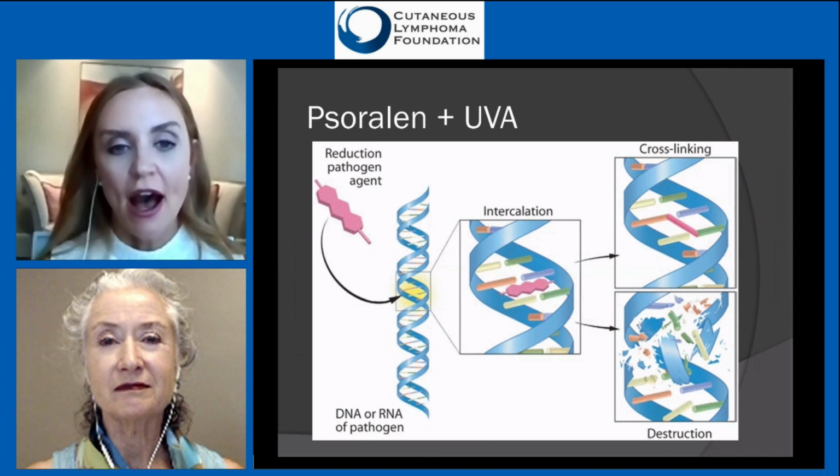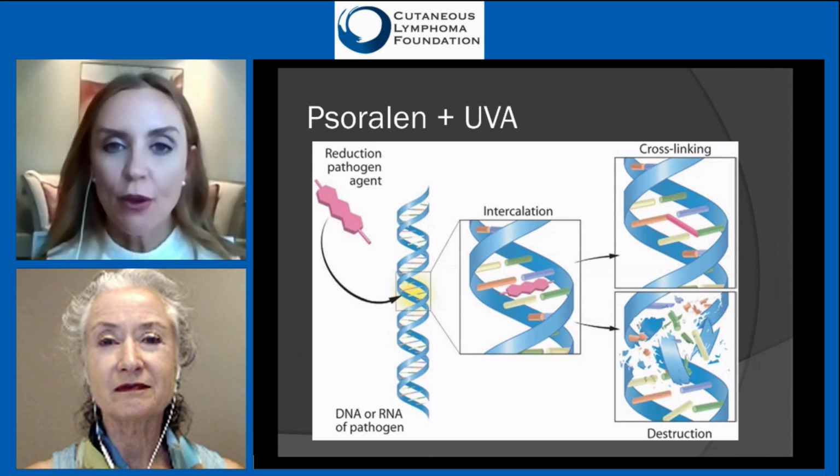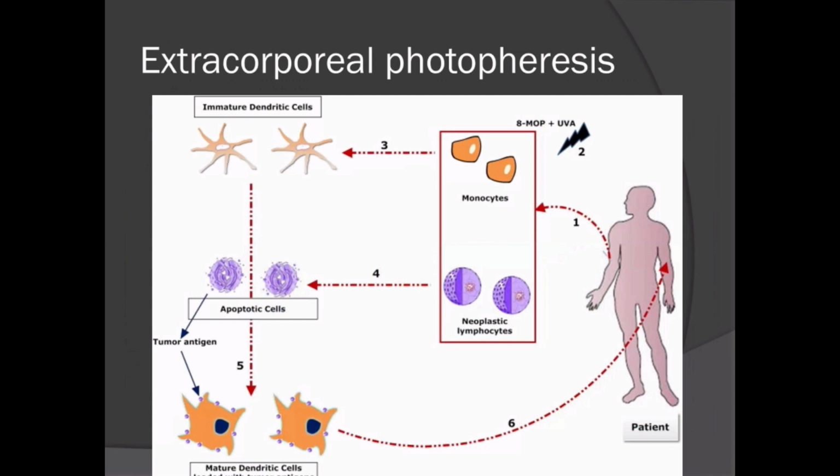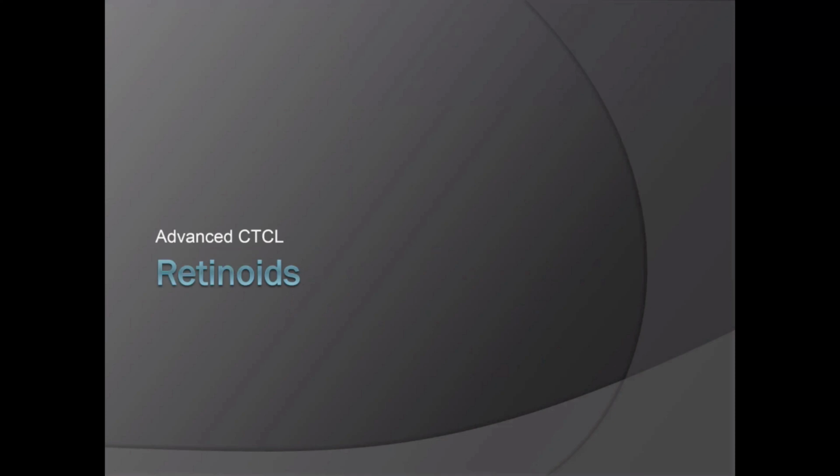You then reinfuse that material back into the patient, and it essentially helps your immune system to better identify the abnormal cells or the proteins inside those malignant lymphocytes, and therefore hopefully will enhance your immune response to try and clear out some of that malignancy. So it basically unmasks the DNA of the atypical or malignant lymphocytes. So it's a form of immune therapy, systemic immune therapy.